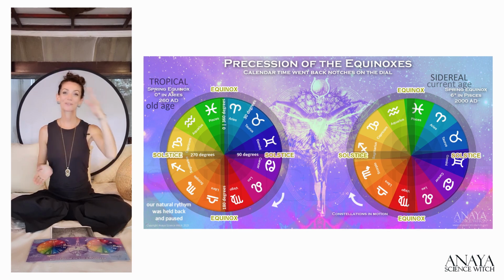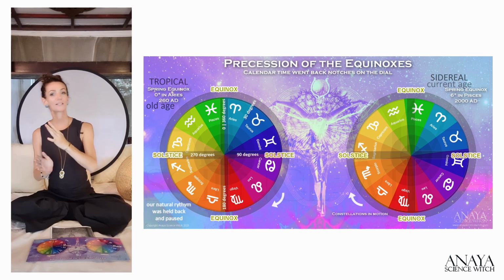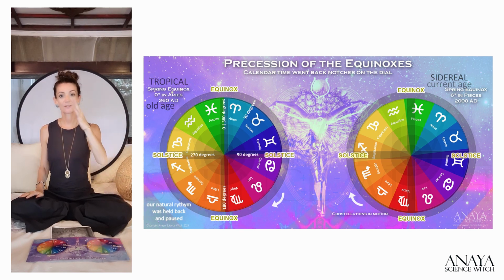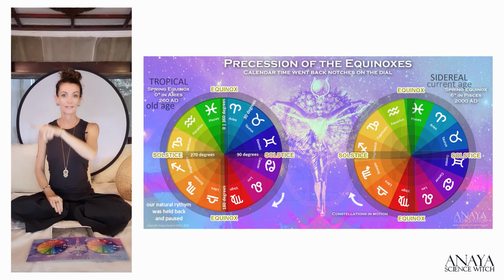So if you're still using the tropical calendar now, you're basically being held back in time, and it is not actually the true depiction of what's happening in the stars above. The sidereal calendar is, because it is tracking the movement of these constellations. So the 12 main constellations are called the zodiac animals. And this 360 circle is then split into 12 divisions for the 12 zodiac animals.